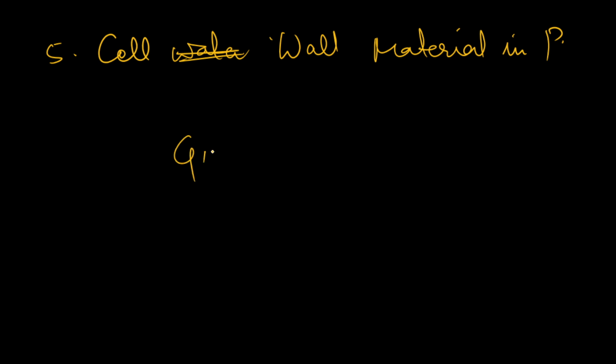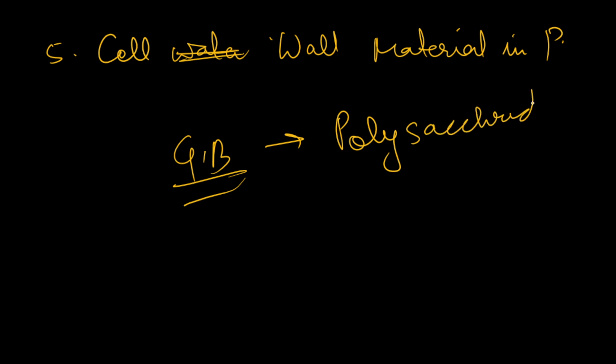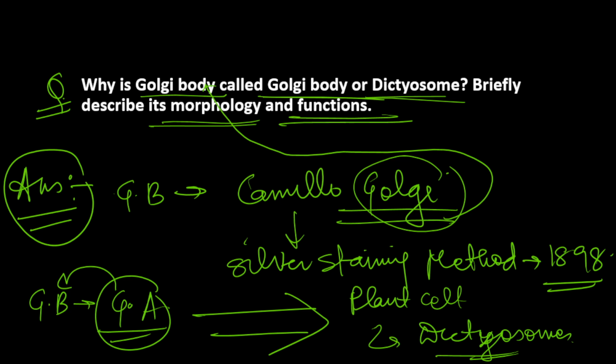So these were the major functions which you can mention, and in conclusion you can mention how Golgi body or dictyosome is the central packaging and distribution center of the cell, and without it the primary functions of the cell would be impossible. So this is how you can approach the answer.